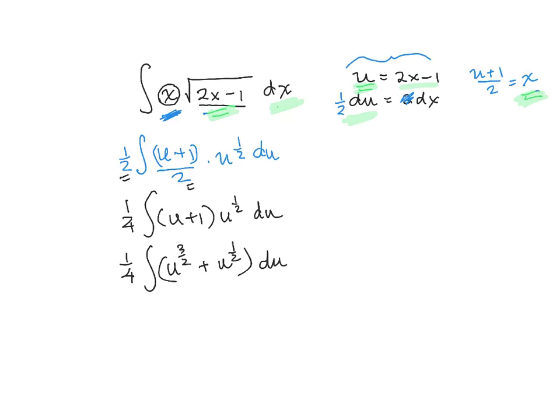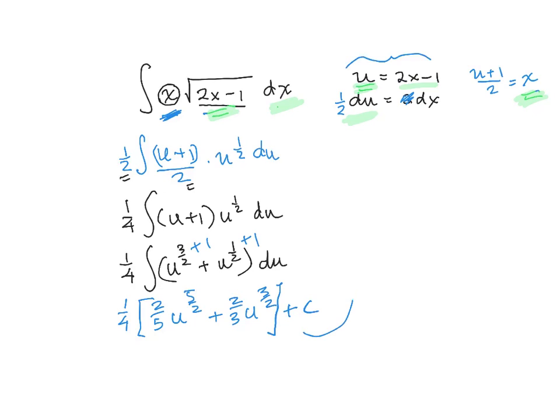Okay, we know to add 1 to each of these. So I'm going to get 1/4 u to the 5/2. We've got a 2/5 right here, plus u to the 3/2. We have a 2/3 right here. Oops, plus c.